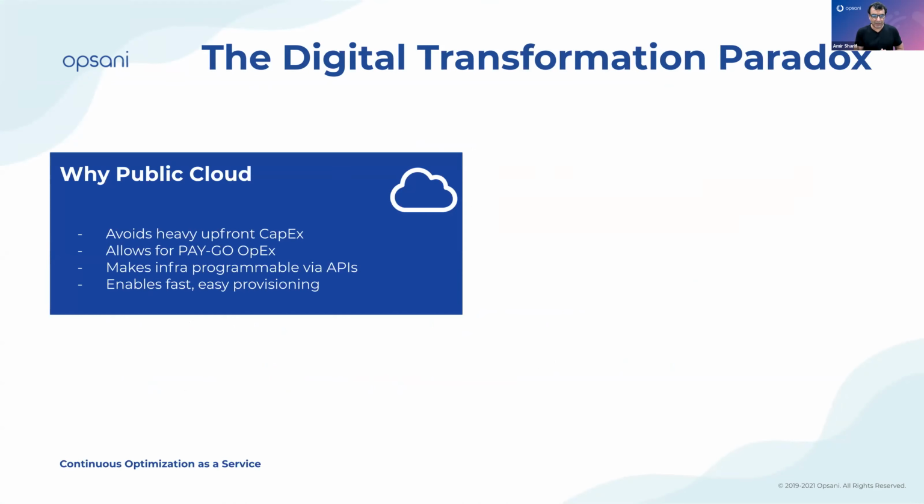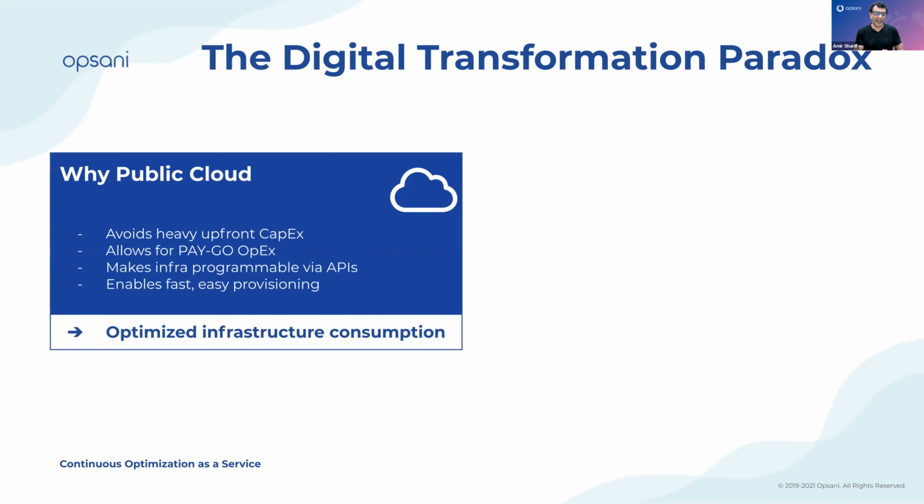And the other thing is that the infrastructure is now programmable. It's great for DevOps. The APIs make it so you can request more services, CPU, disk, computation, network, whatever it is. It's easy and fast. And basically, what the public cloud model has done is that it optimized infrastructure for consumption. We can consume quite easily. So far, so good.